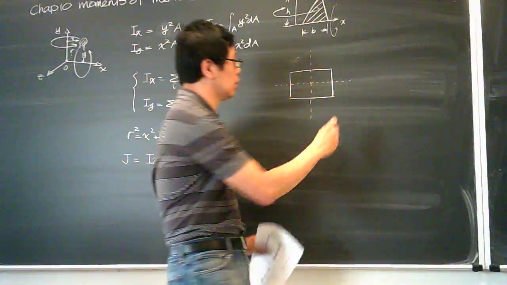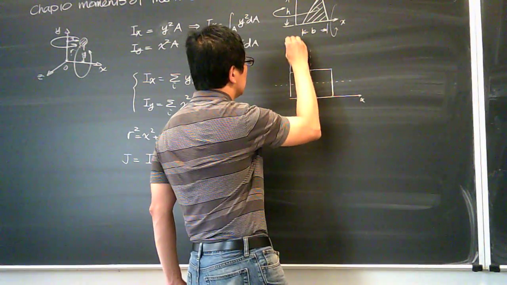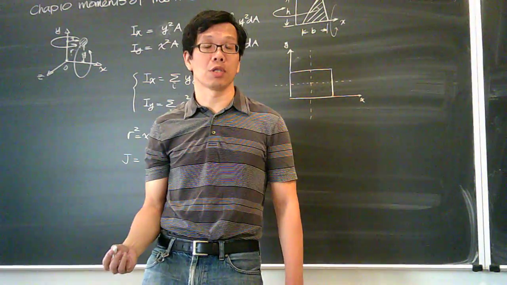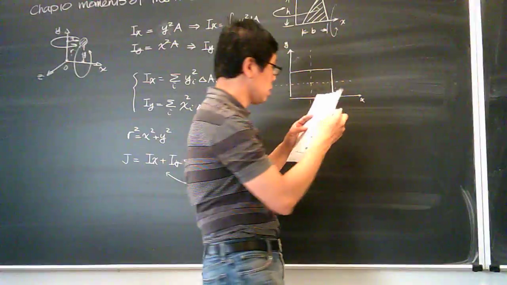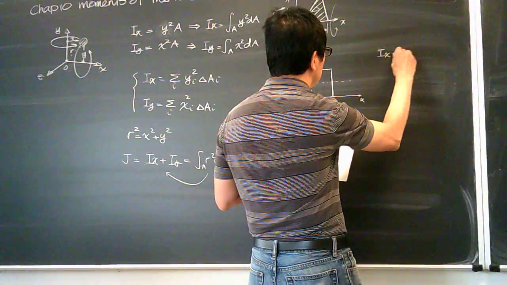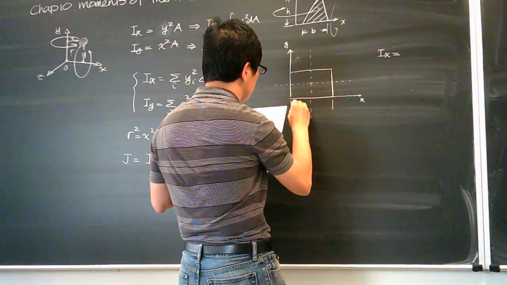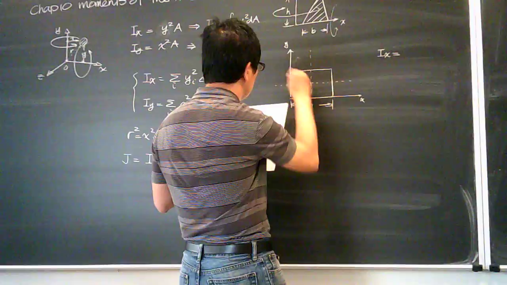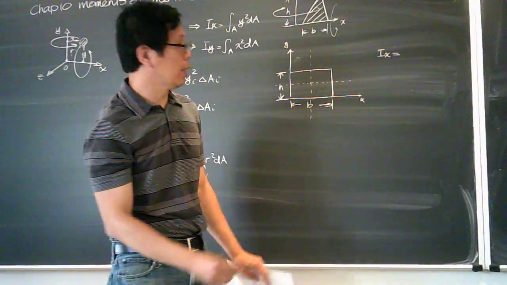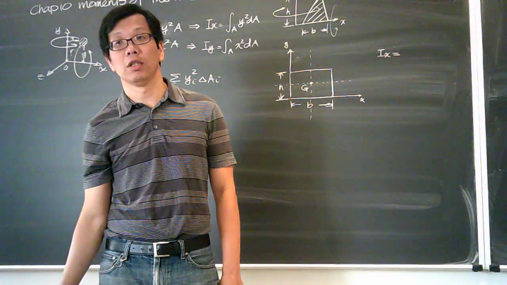One is around the x-axis and y-axis, that sometimes we are more interested in. So if this is going to be the case, let's define the dimensions. Over here this is B. Over here this is H. Okay, let's define the center of gravity over here as G.